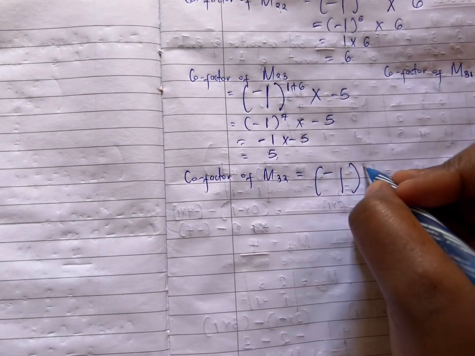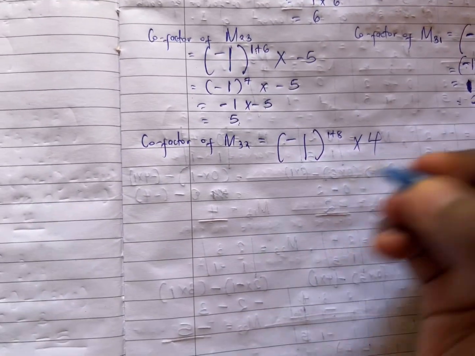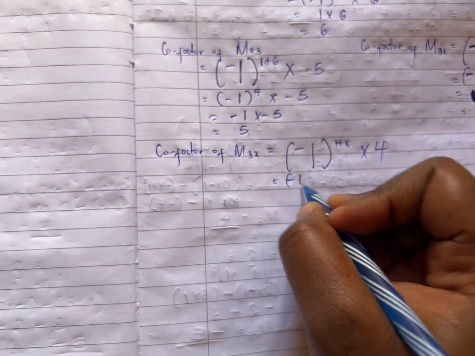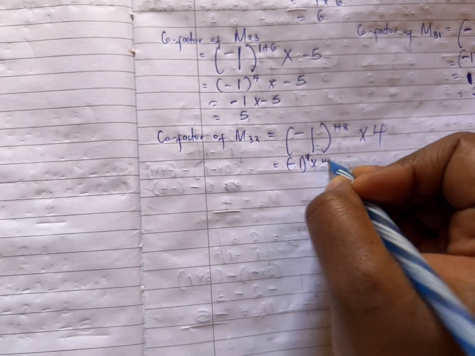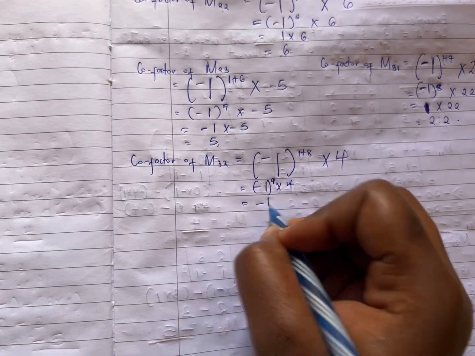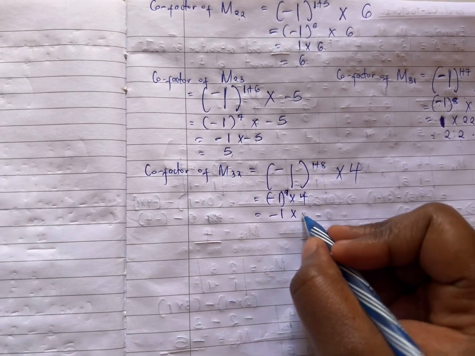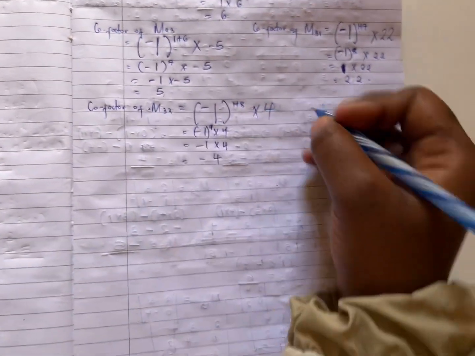So we're at 3 plus 1, so next is 3 plus 2, times the minor of M32, which is 4. So negative 1 power 5 times 4. Negative power an odd number is negative 1 times 4. So our answer is negative 4.